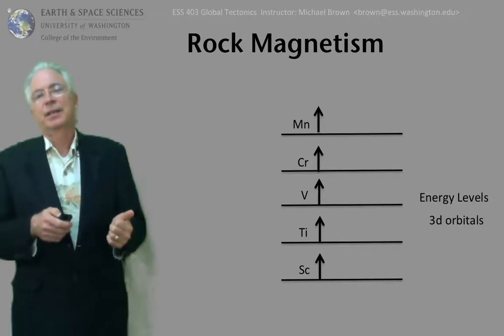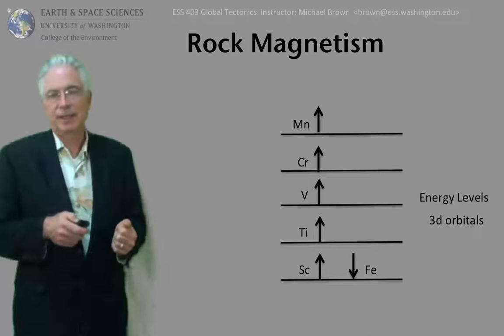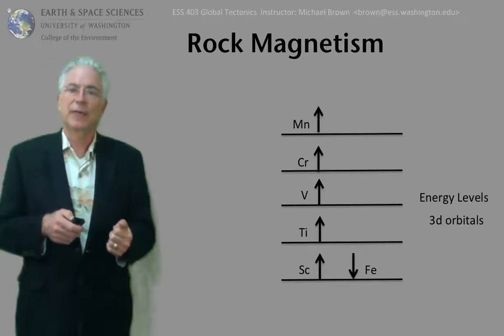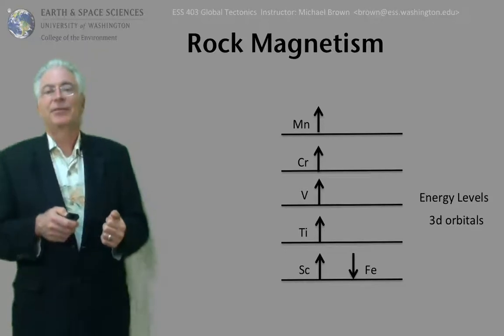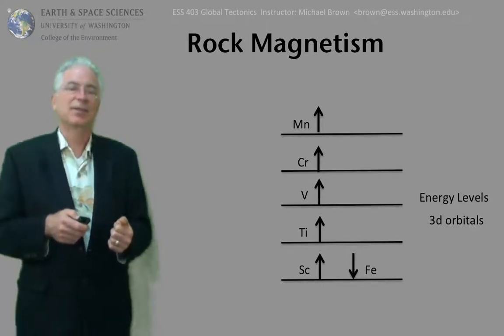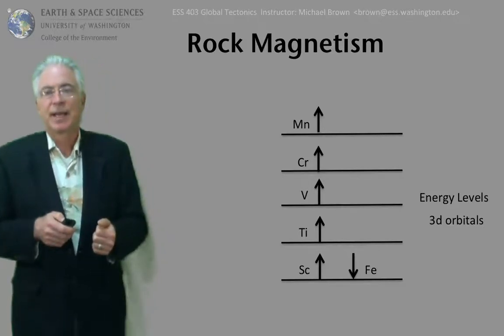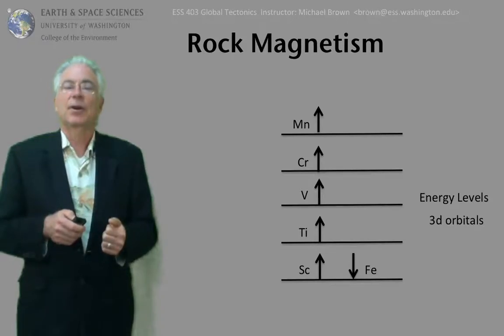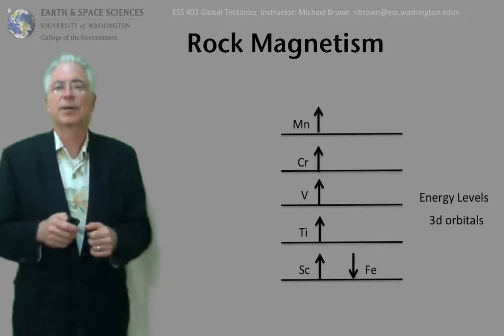The next element in the periodic table is iron with 6 d electrons, and there now we have no space for it in a higher level, so it has to go back and start filling from the bottom again, and it fills with a spin down. Thus, iron all by itself has 4 unpaired electrons and 1 orbital that is filled with 2 electrons.